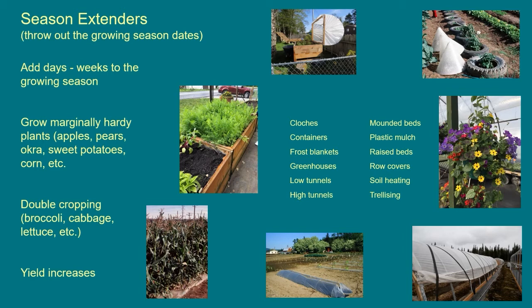Unfortunately, there's no consistent, long-term information on how these structures extend the season, except comparisons that growers might make on their own farms. Depending on the location, season extenders can make it possible to grow apples, plums, and even peaches in Alaska, get double crops of cool season crops, get marginal long season crops to mature, and increase overall productivity. Growing season dates are not as useful in predicting crop success in these controlled environments as they are in the open fields.